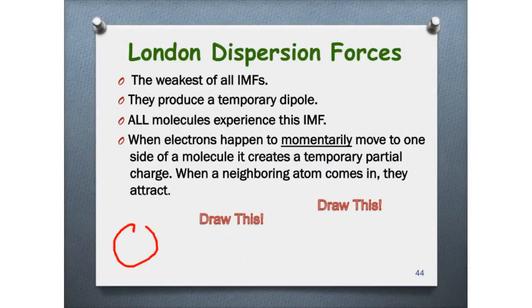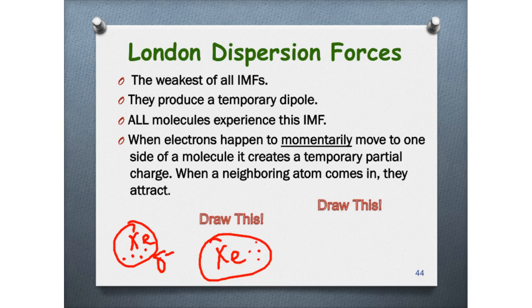Let's say we have our xenon here, and we have all these electrons right here. So these are going to be partially negative. And let's say you have another xenon, and the electrons are here, then this side's going to be partially negative, this side's going to be partially positive. So there's going to be an attraction here between this partial negative and this partial positive. This attraction is a London dispersion force, and it is very, very weak.